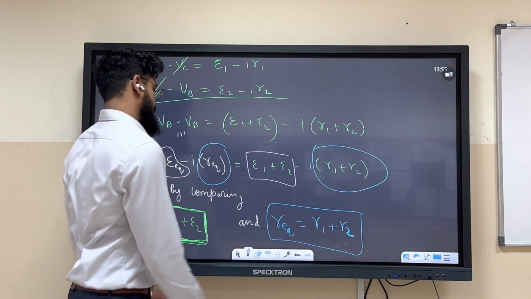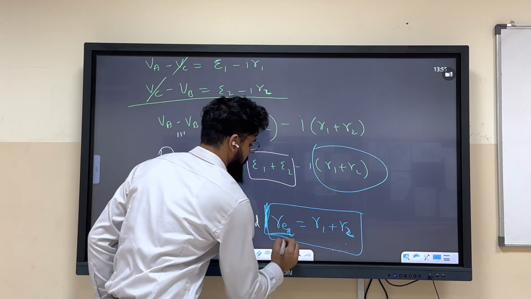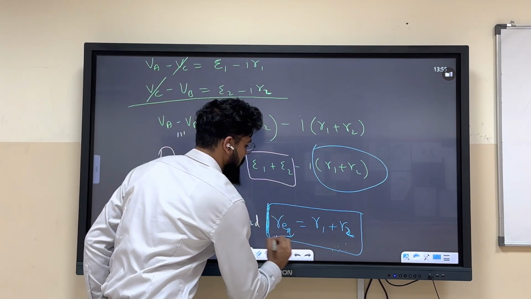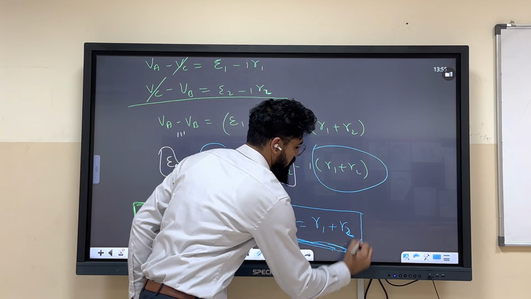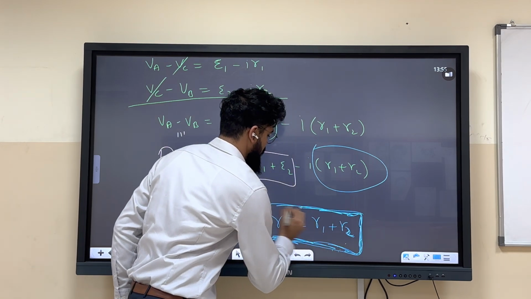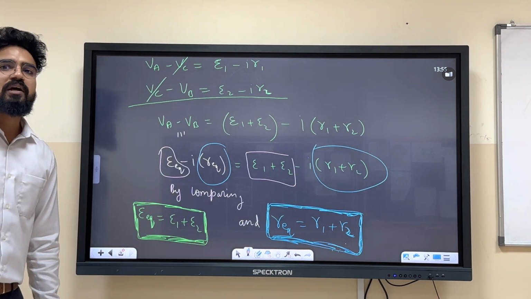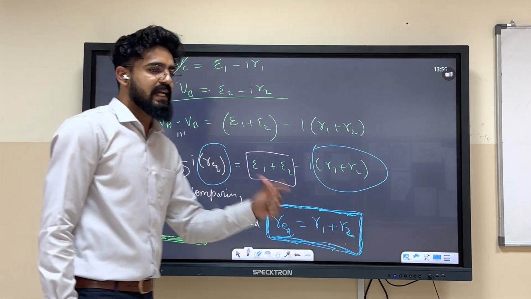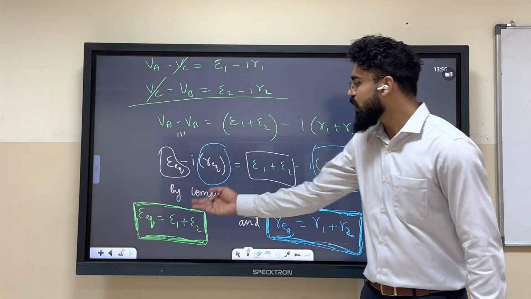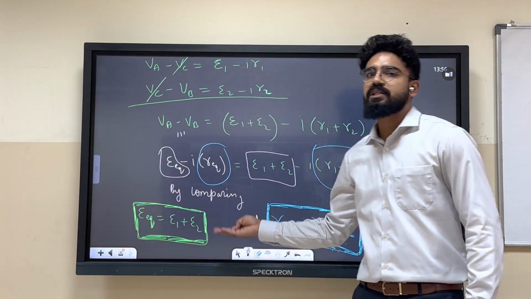Okay? So basically, the moral of the story is this: if you have 2 or 3 cells in series, E equivalent will be E1 plus E2 plus E3 and so on.